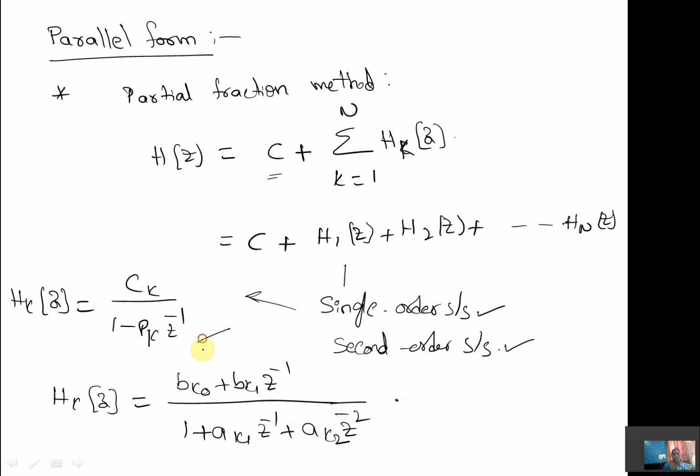Okay, right? So these are the general forms. After realizing these Hk of z's with either direct form 1 or direct form 2, it may look like this.